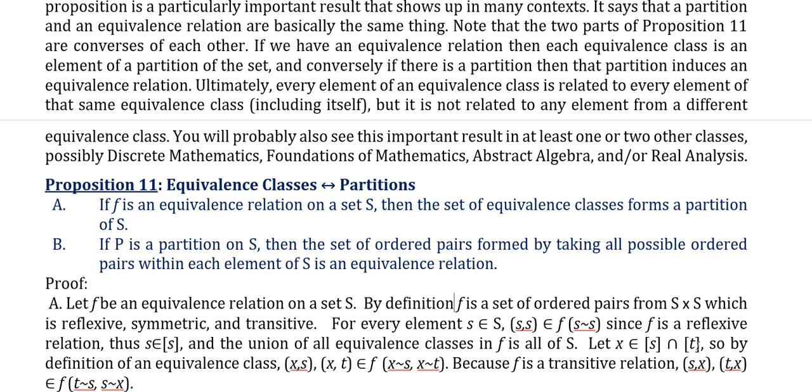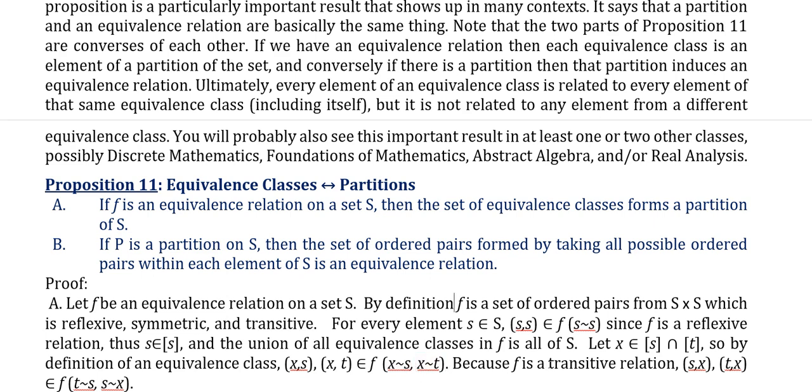So x is in both of these two equivalence classes. We want to show that these have to be the same equivalence class. By definition of equivalence class, x is related to s and x is related to t, since it's in these two classes. Those are ordered pairs that are in this equivalence relation F.